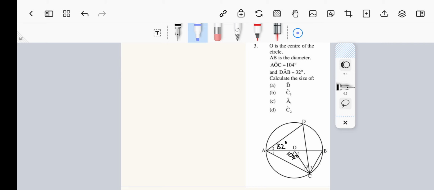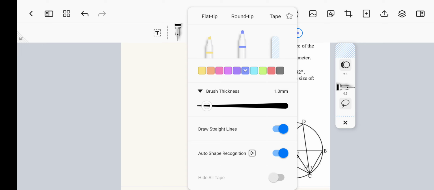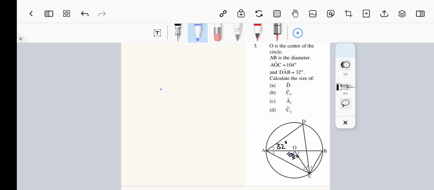When you deal with a question like this, read the definition, and if there are things in the definition that are not on the picture, then you go draw it in on the picture for yourself. So AOC, this angle over here, wasn't in the original drawing. I drew it in, and similarly DAB as well.